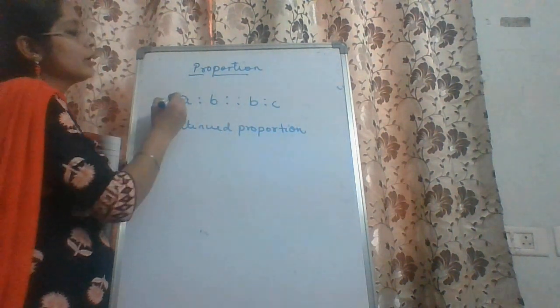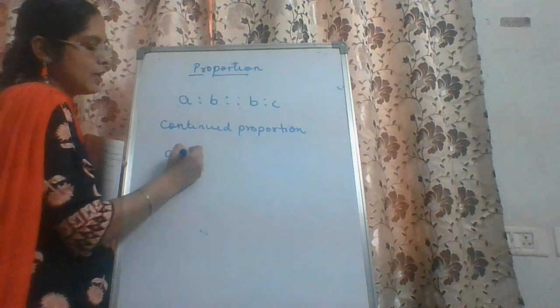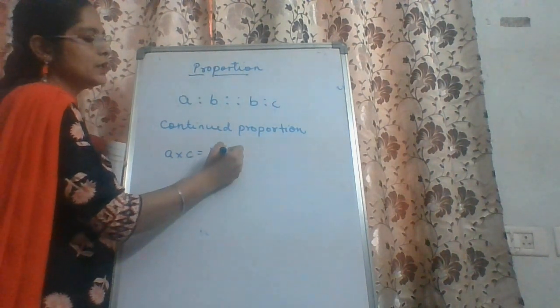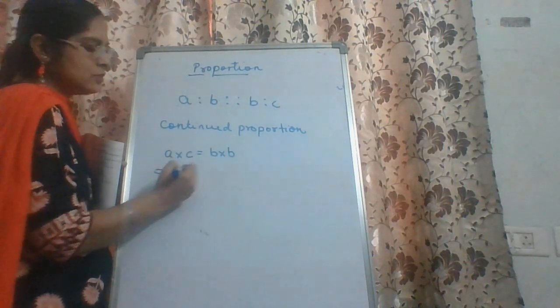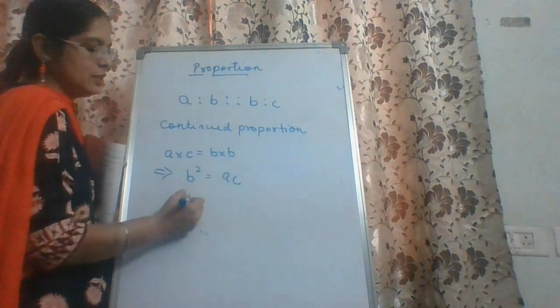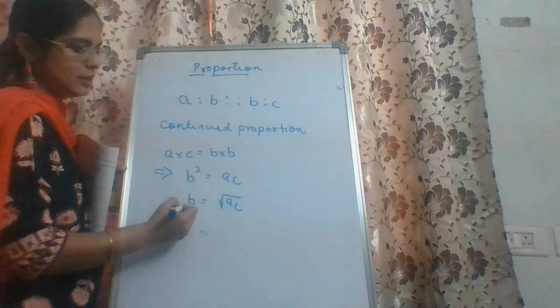Here A multiplied by C, product of extremes, is equal to product of means, which can also be written as B square equal to AC. B is equal to root AC.